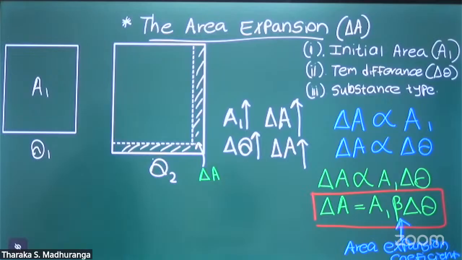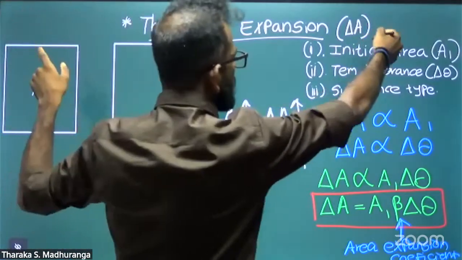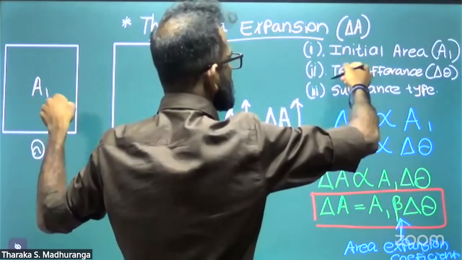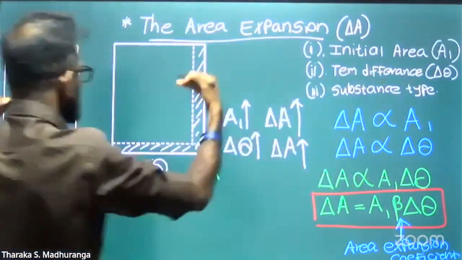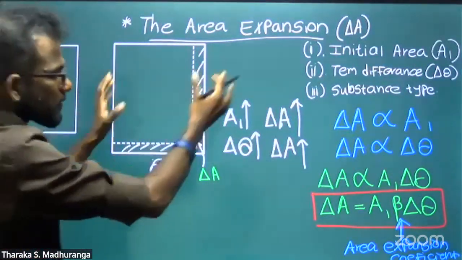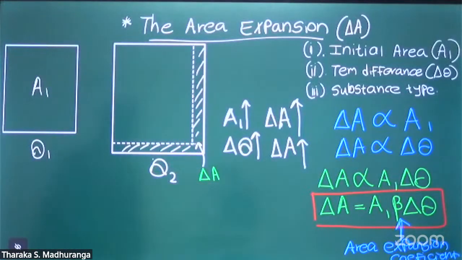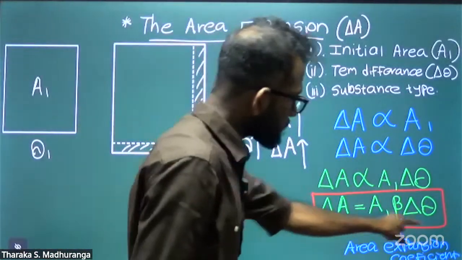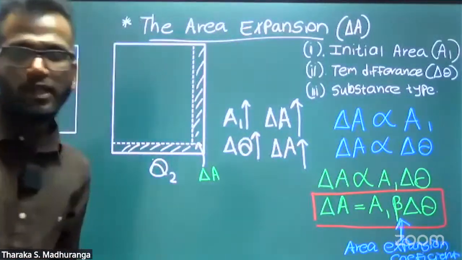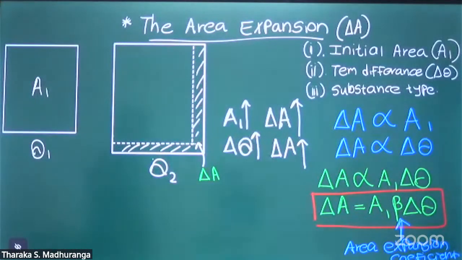First, draw this. You already written these factors. Then below that, draw this diagram and write down this one and the final equation. And name this: the beta is the area expansion coefficient. If you complete, please let me know.